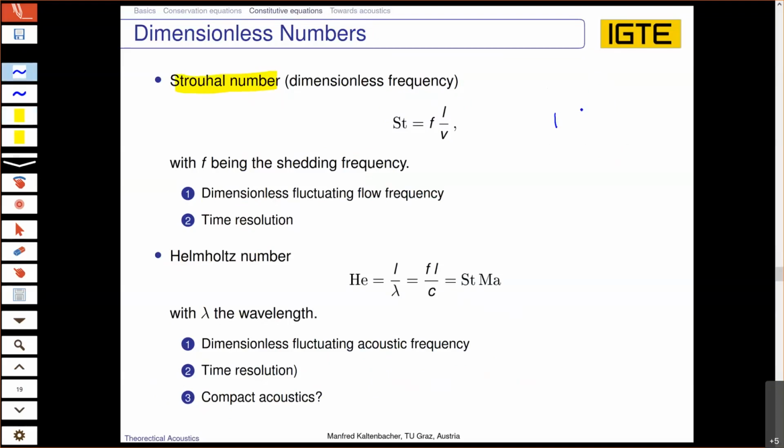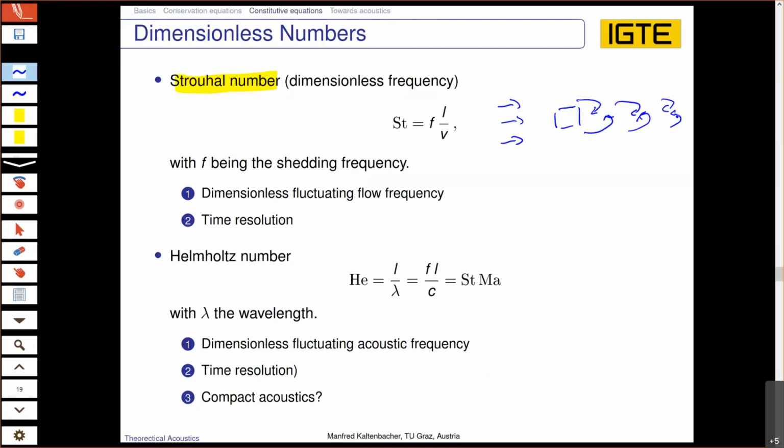You have an obstacle here, and you have here a flow around this obstacle. Then perhaps, you know, we will get vortices being shed, and we have this so-called Kármán vortex street behind this cylinder.